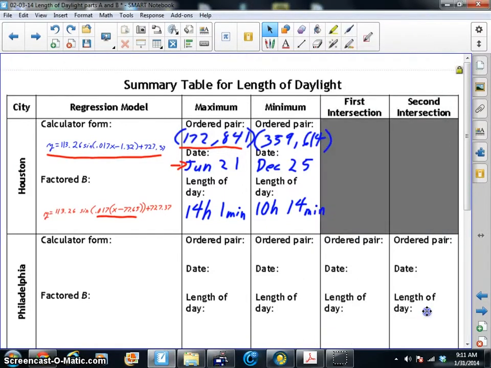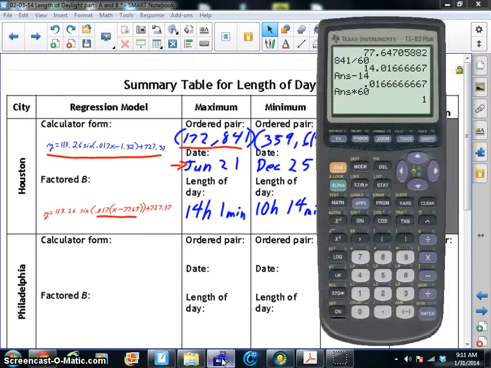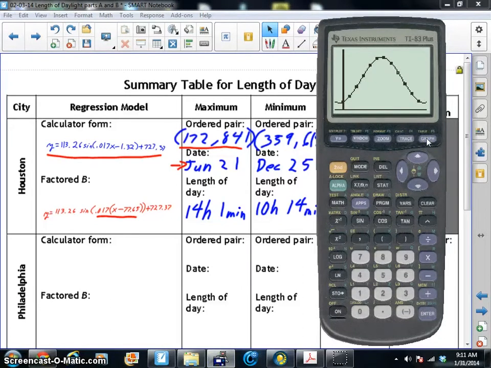I do the same for the minimum, except now when I graph, I'm going to have to go ahead and use second calc, and I look for minimum. There's the minimum right there. I'm going to go to the right because I want to go ahead and go all the way to the right, because my minimum is right over here.